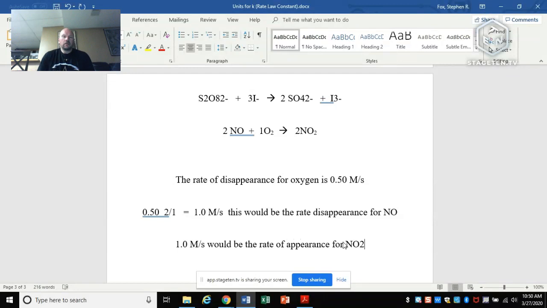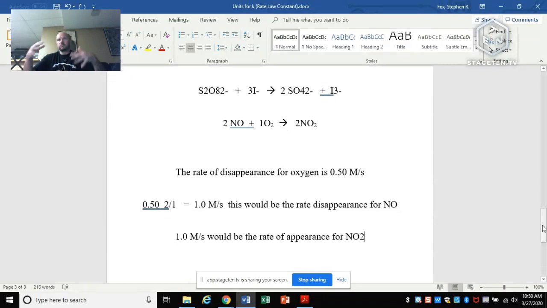So that's what we mean. It's rate of appearance for products because products are being produced, they're being formed, and it's rate of disappearance for reactants because they start the reaction and then they get consumed. Okay.